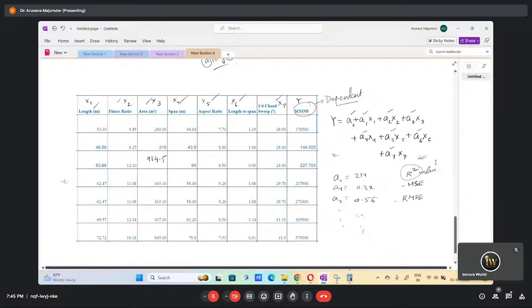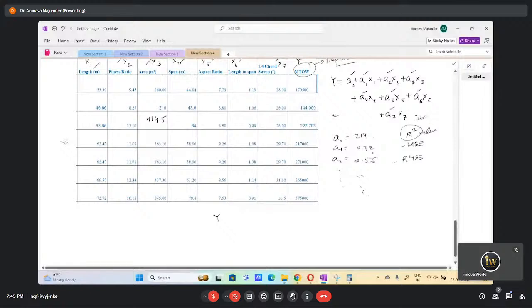Now in case of non-linear, how is a non-linear model created? I told you there is no fixed model of non-linearity.